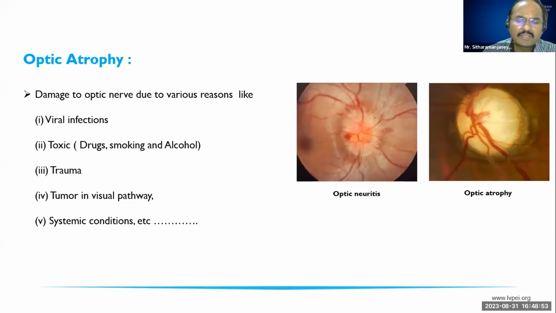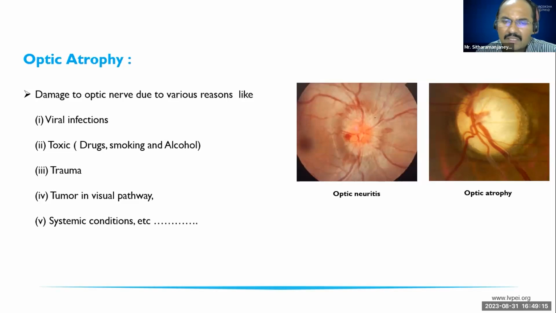There are also some systemic conditions which can cause optic nerve damage, for example, multiple sclerosis. I will tell you briefly about this. Any nervous system has some cover around it, some tissue covering the nerves.